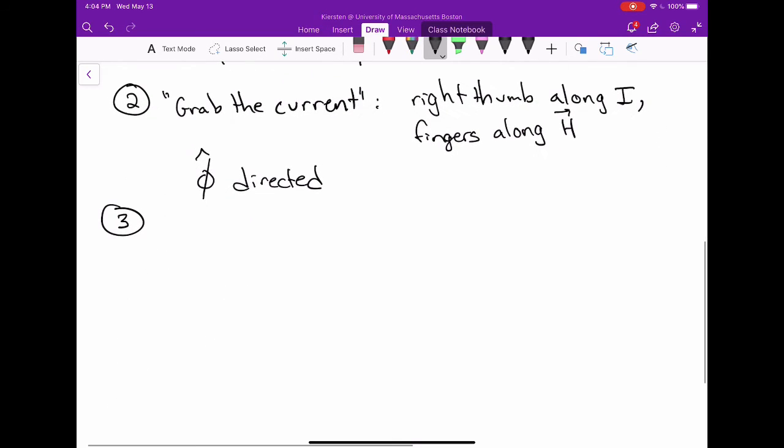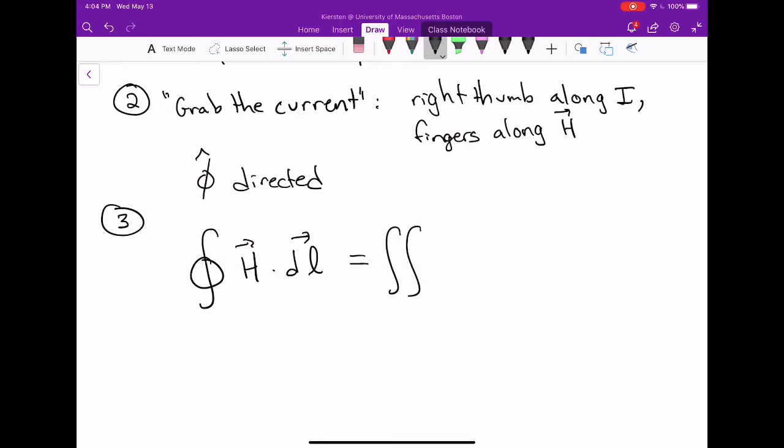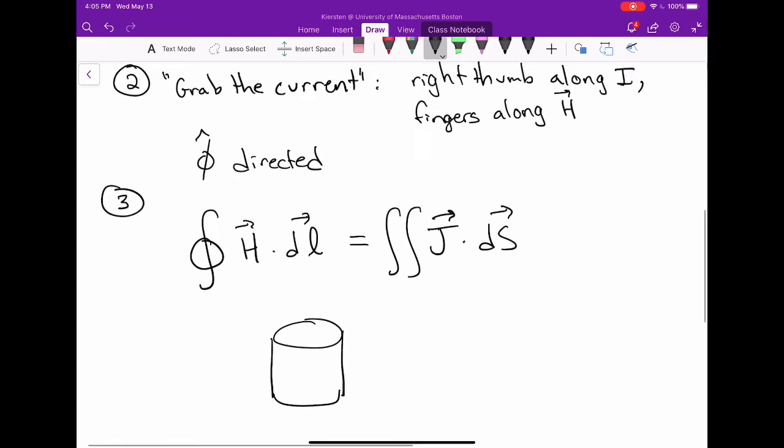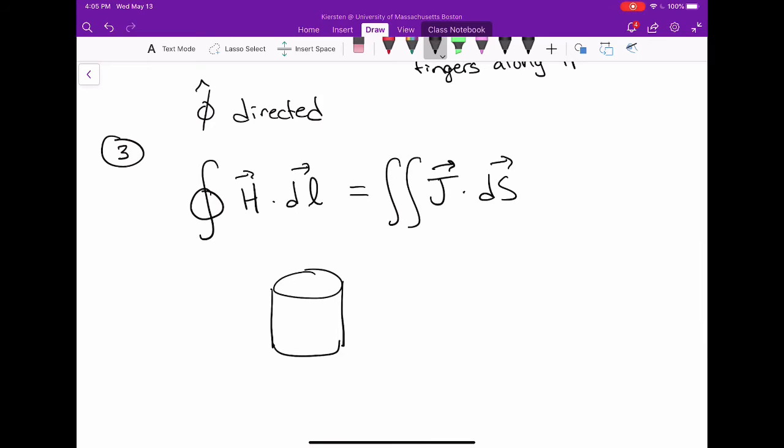So let's look at Ampere's law again, because this is the thing that trips people up a lot. We need to do the integral of H around some contour and set that equal to the current flowing through a surface. That means this is not like Gauss's law where we'd want to choose a closed surface to enclose the whole thing.